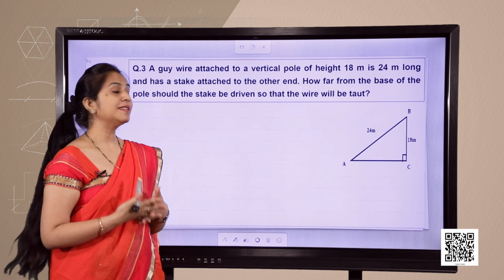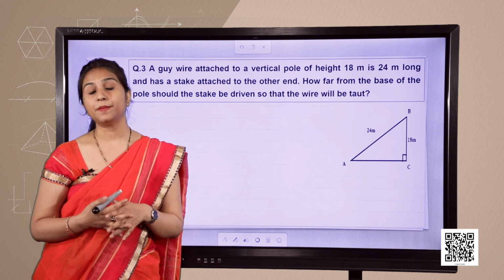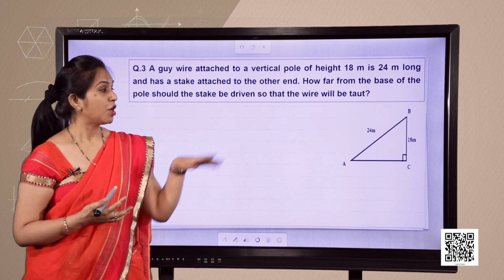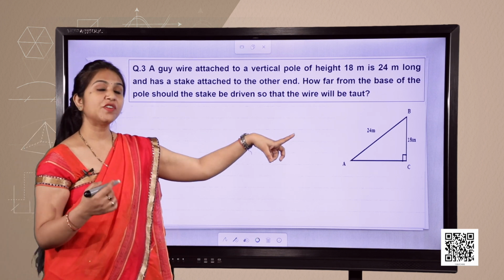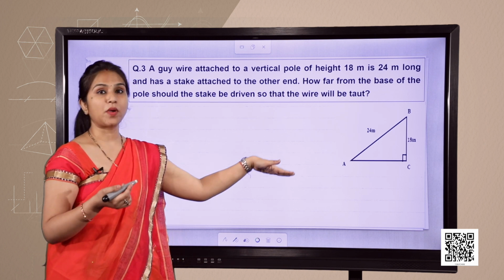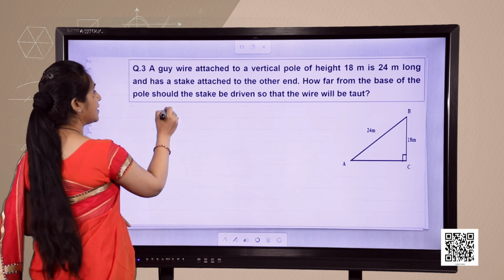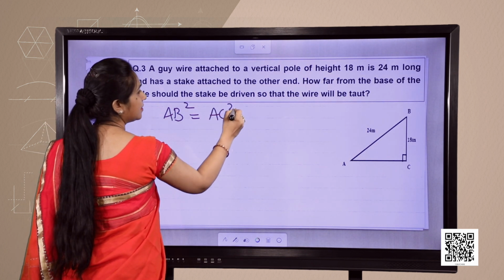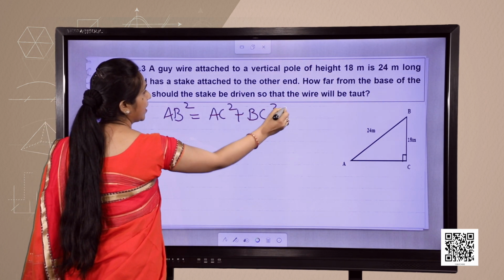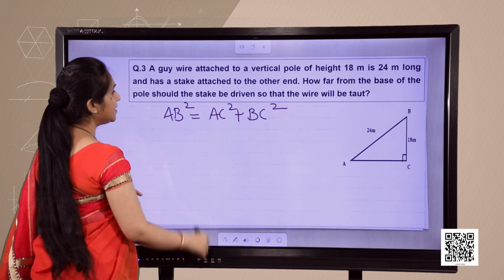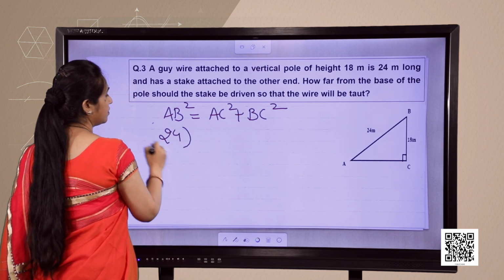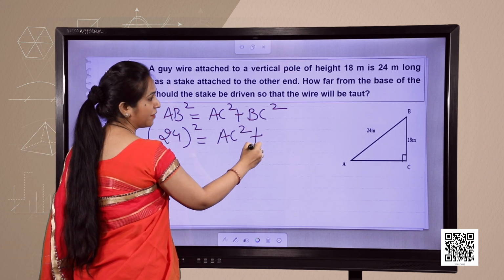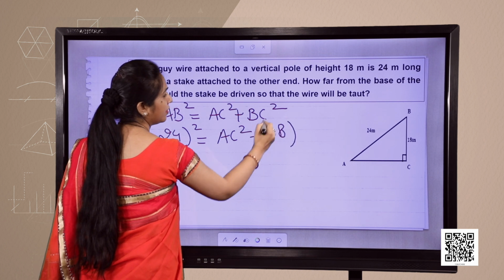It means ABC is a right angle triangle, and when ABC is a right angle triangle, Pythagoras property is applicable here. Now angle C is 90 degree, it means which one is the hypotenuse? It is AB square. So we can write AB square is equal to AC square plus BC square. Now substitute the values. AB square is square of 24 is equal to AC square as it is, as the value of AC we have to calculate, and square of 18.